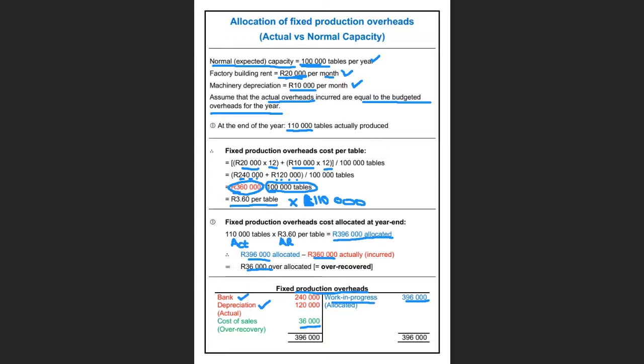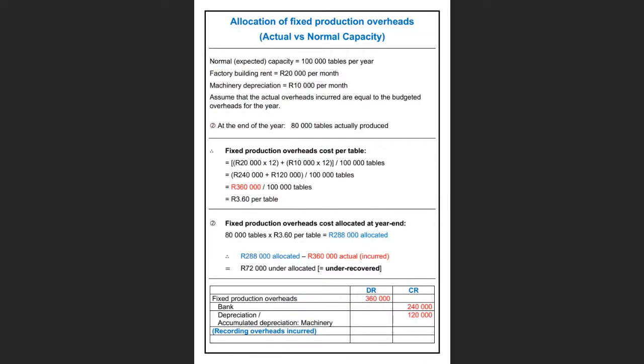Now, the next example I'm not going to do with us in class, but I think you can see right from here that the normal capacity is 100,000. What's our actual capacity? 80,000. You guys are going to type out in the chat for me, is it an under or over recovery in this situation?